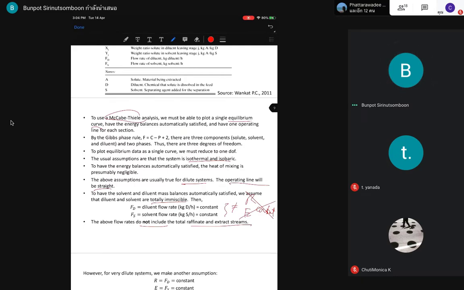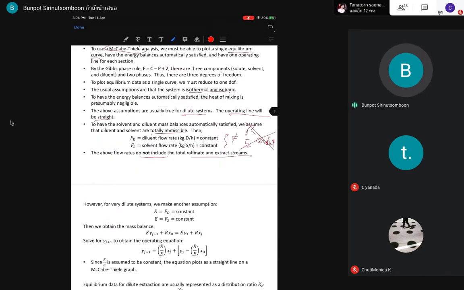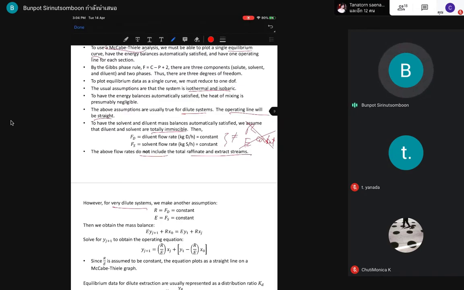But if we say that our system is very dilute, like the amount of solute is very small, then you can say that R is roughly equal to FD and E is roughly equal to FS.